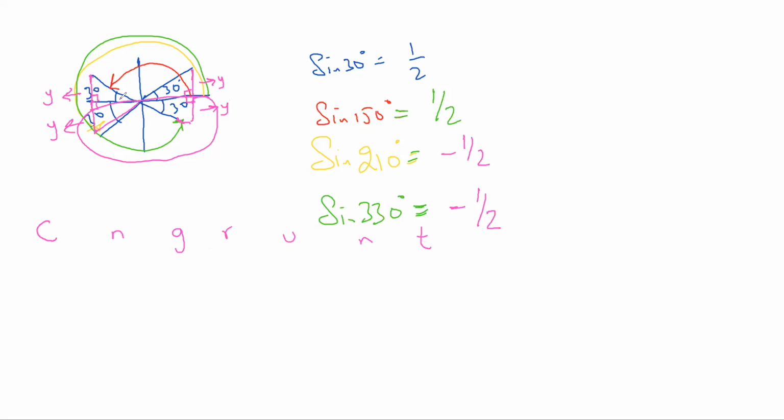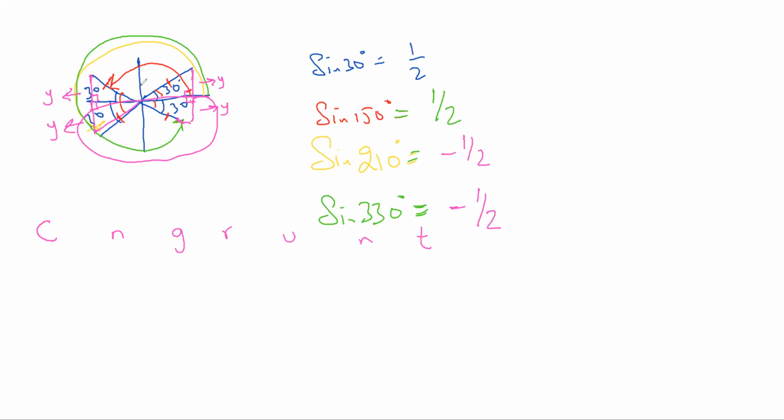You see how your O-level mathematics is involved in it. These are all congruent triangles because the radii are the same: radius, radius, radius, radius; 30 degrees, 30 degrees, 30 degrees, 30 degrees; right angle, right angle, right angle. So we have these three measures, and the triangles are congruent. Therefore, their y coordinates and x coordinates are also the same.